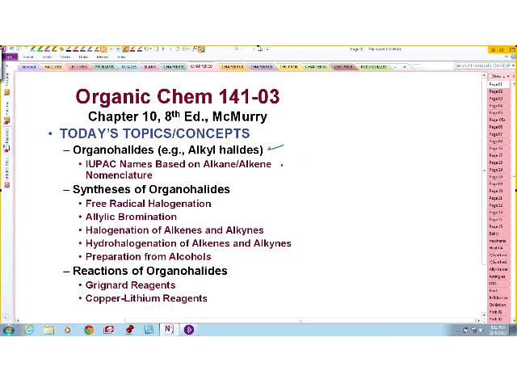For the synthesis of organohalides, we've done hydrohalogenation of alkenes and alkynes. We've also done the halogenation of alkenes and alkynes. So we have very few topics to cover in this chapter.